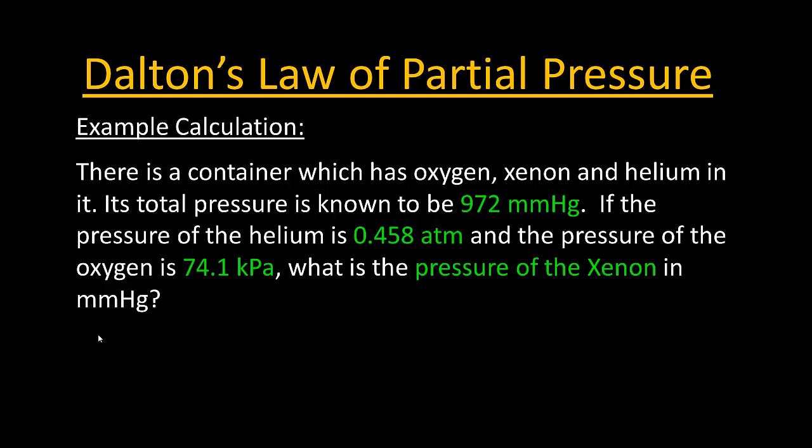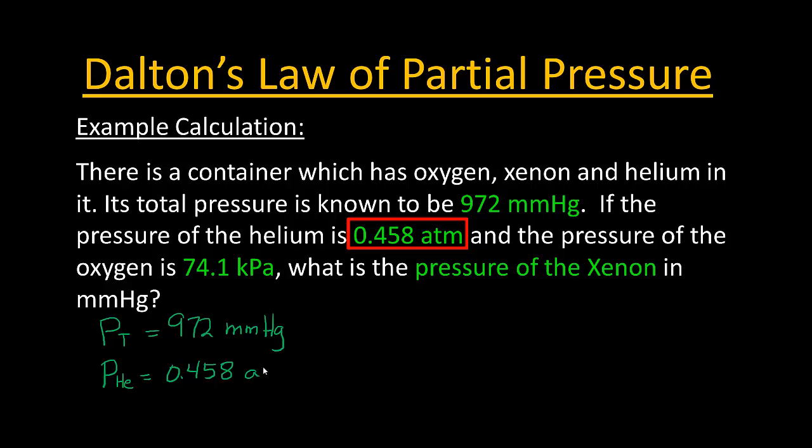So let's write down our variables. Our total pressure, which is P sub T, is equal to 972 millimeters of mercury. The helium pressure, which is P sub He, the pressure of just the helium, is 0.458 atmospheres. ATM is atmospheres.